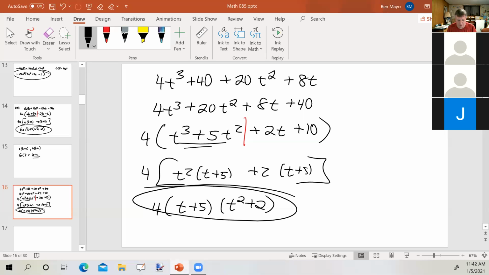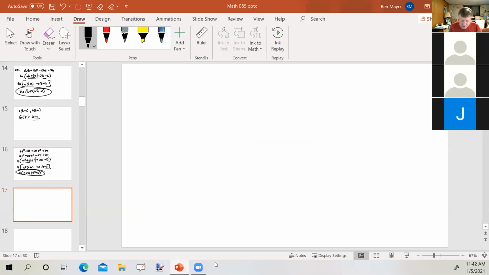Alrighty, and let's go on. So what I want to do actually to start with is go back to section 5. I can't remember if it's 5.5 or 6 or whatever, and you don't literally have to do that, but this is where this topic came up, where we FOIL binomials together. So let's say we've got something like x plus 3 times x minus 2, and it says multiply or get the product or FOIL.